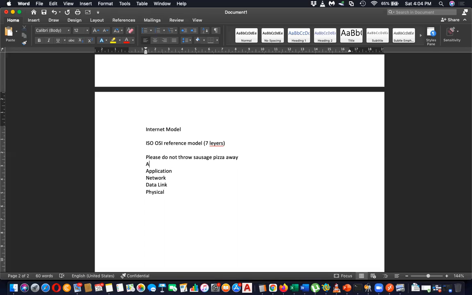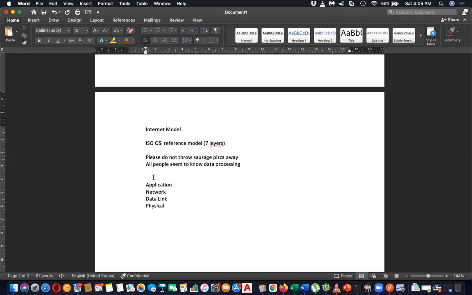Or the second way is All People Seem To Need Data Processing. That is another way to remember it. Maybe top to bottom, the second one, and bottom to top, the first one.